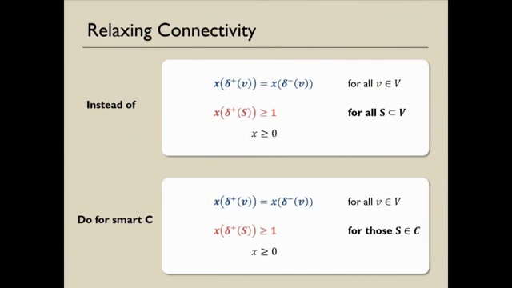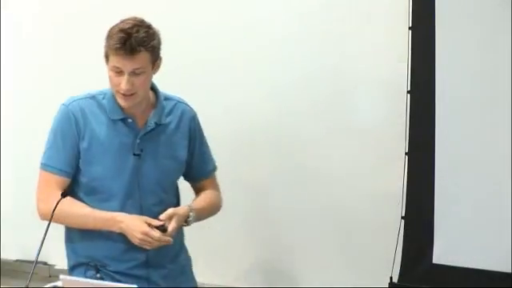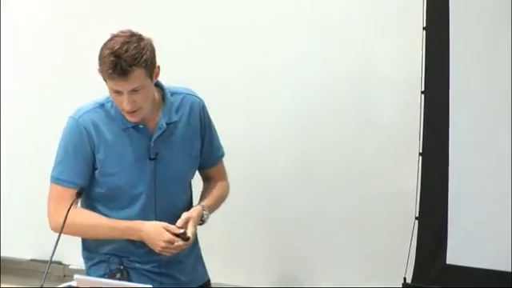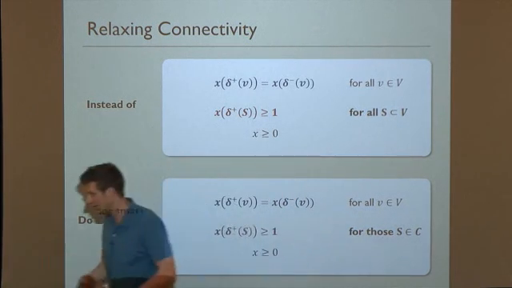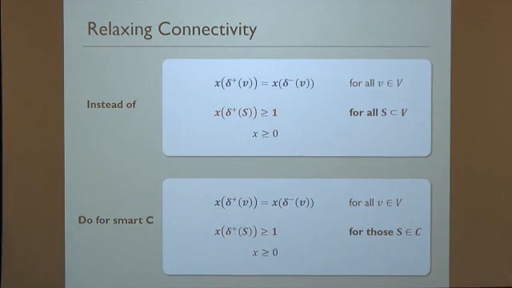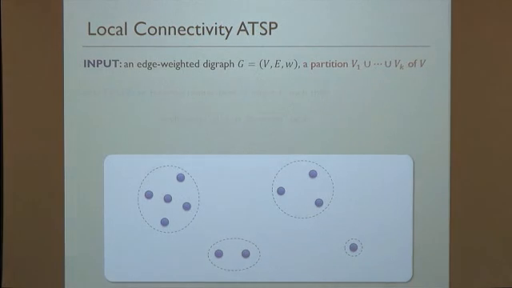So what did we do? Our approach: remember, the idea was to find a smart set of constraints for which we can solve this problem. Let me now define what subset of constraints we are considering and what problem we solve. We call this problem local connectivity ATSP.